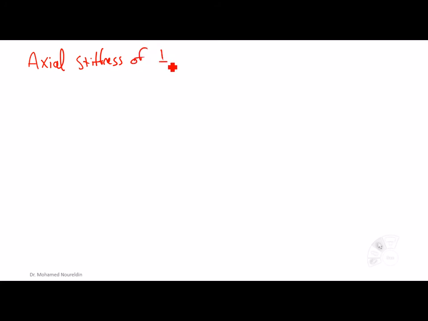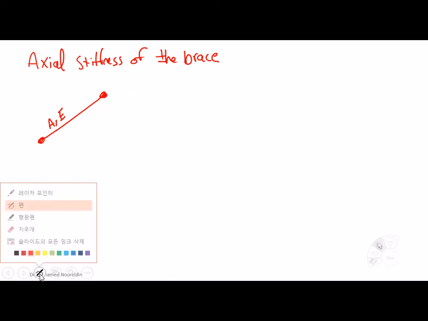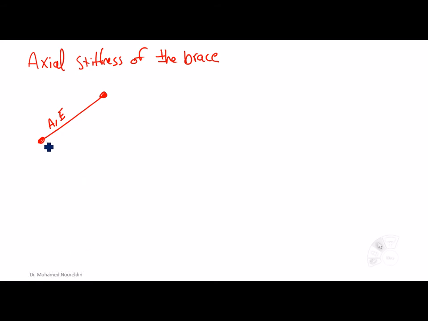If we have a brace, this bracing here, having cross-sectional area A and Young's modulus E, then whenever there is lateral movement, the brace is going to move here.